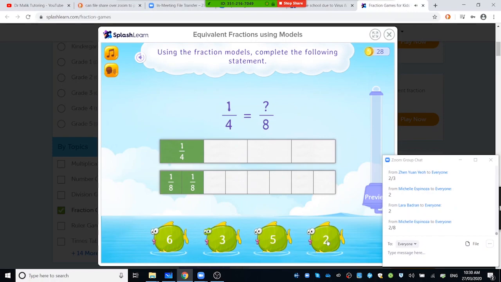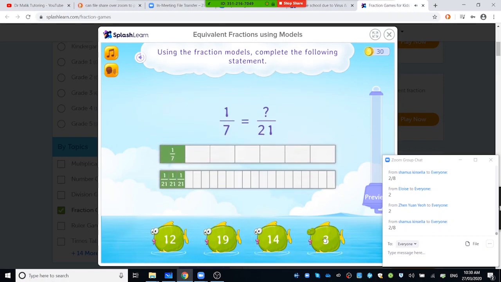Yeah, so I would take a 2 from the answers which are there. That's right. So this is 1/4. We have to make it so it becomes 2/8. Yeah, that's good. Good going.